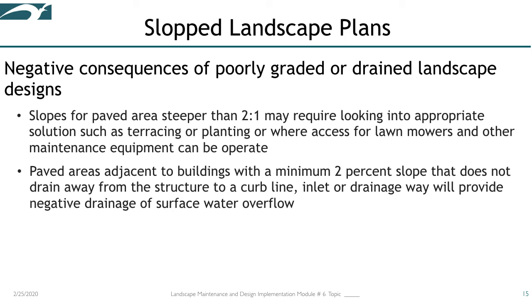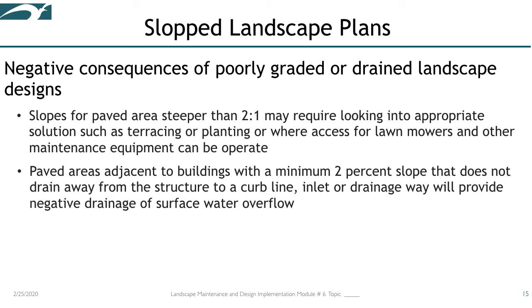Sloped landscape plans. There are negative consequences of poorly graded or drained landscape designs. Slopes for paved areas that are steeper than 2:1 may require looking into appropriate solutions such as terracing or planting, or where access for lawnmowers and other maintenance equipment can be operated.